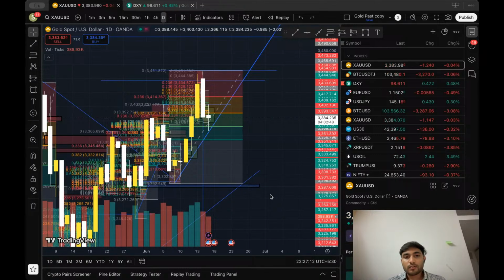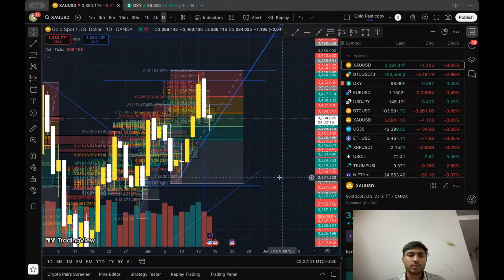DXY is going up, gold wants to go up, and there is a clash between the two. But when you have even a smaller downside move on DXY, say for 5 or 15 minutes, you'll see gold roar up. I'll show you in the charts so you will understand much better.